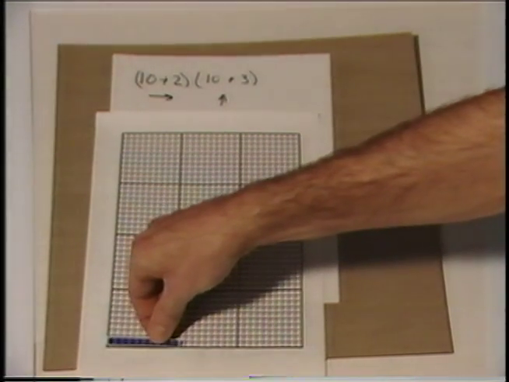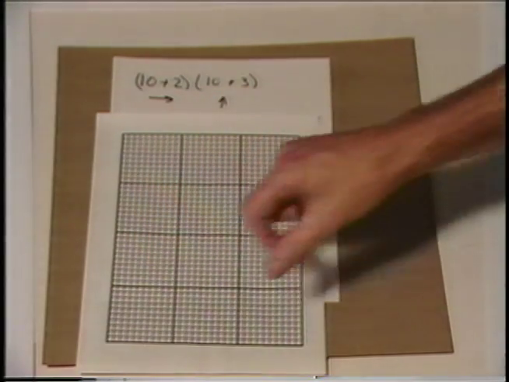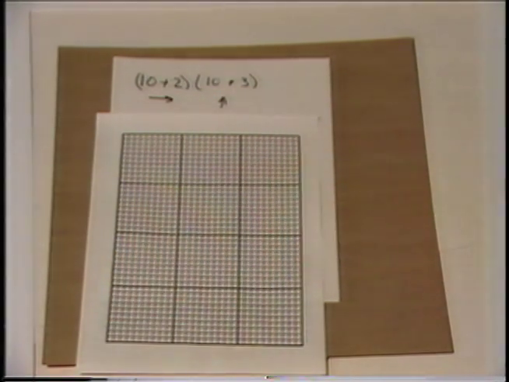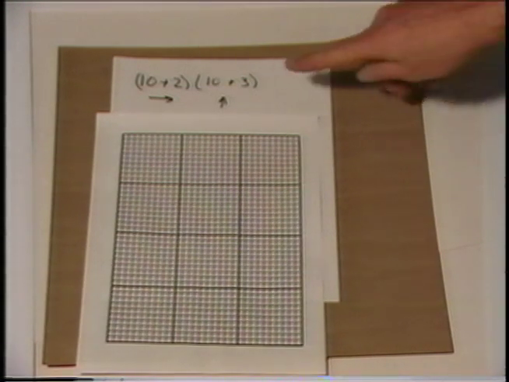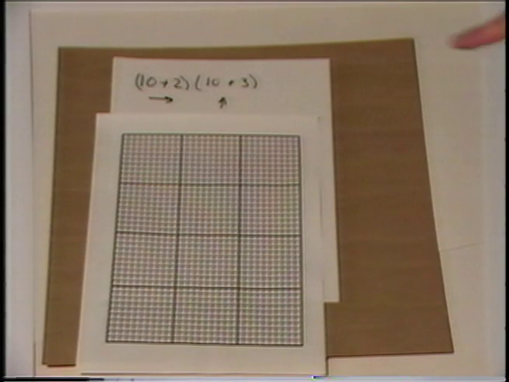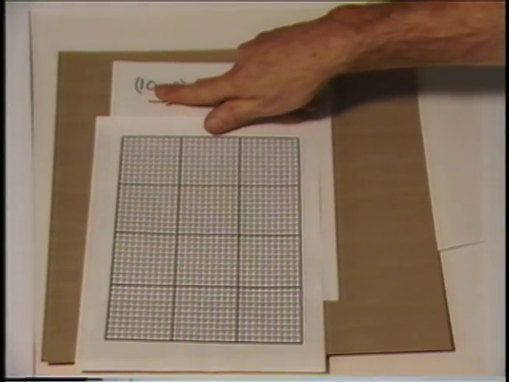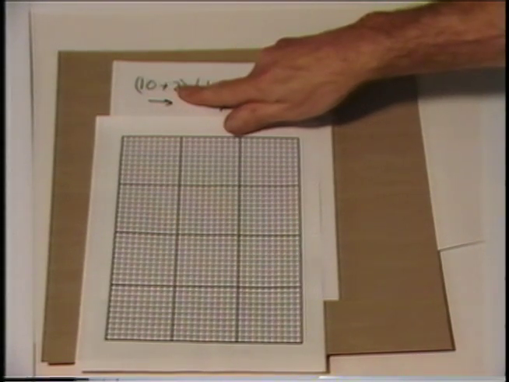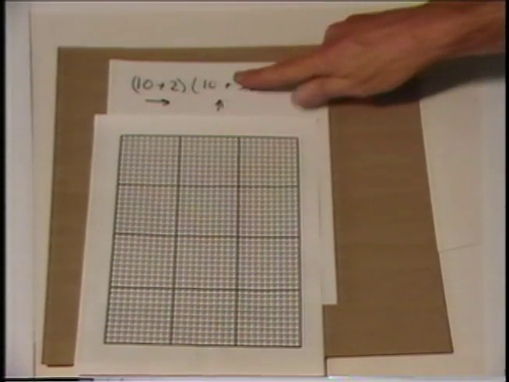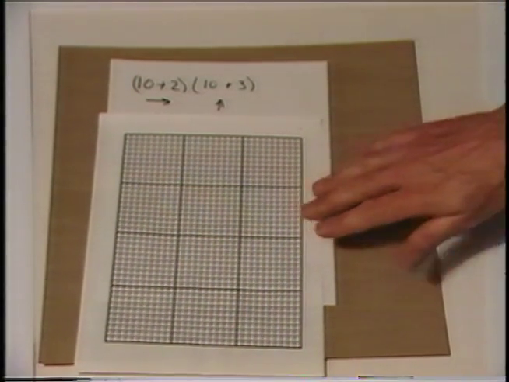We are over 3 bars of 10. And that's what's important, that we see that we're over 3 bars of 10. Now notice, we have the factors over 10 plus 2, up 10 plus 3. Or better, over 1 bar, over 2 units. Up 1 bar, up 3 units.